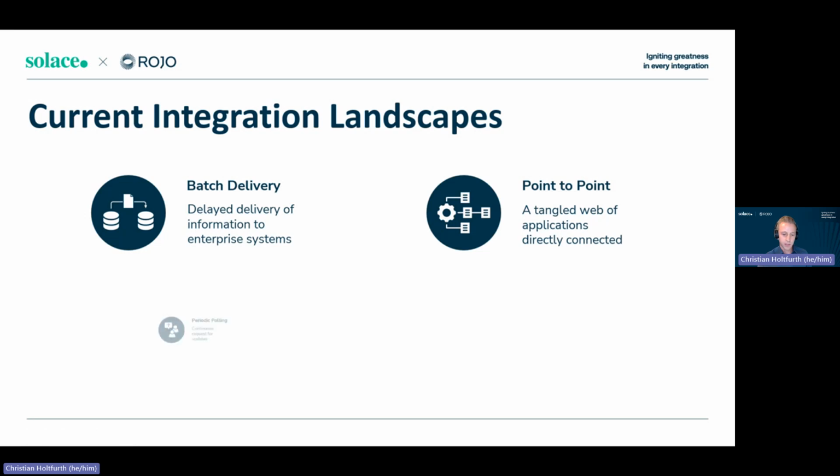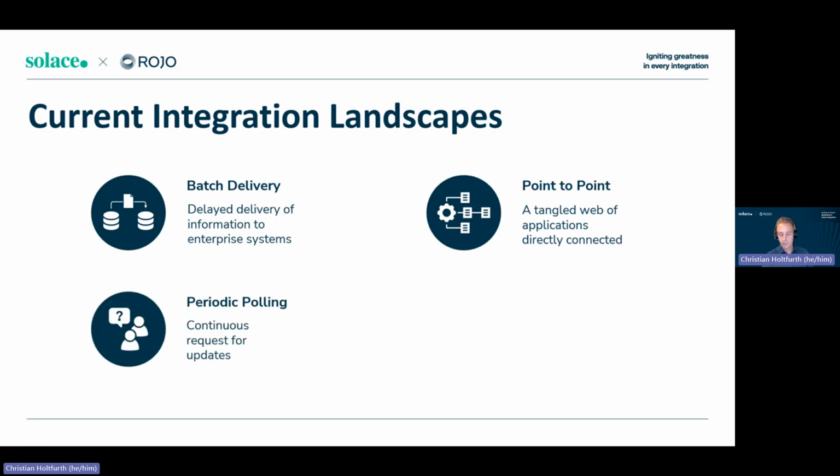So you get a tangled web of applications communicating with each other if you use this type of pattern to integrate these systems. In addition, if you're using APIs, there's often the need for the downstream system to ask for the data. And because the downstream system doesn't know when the data changes, they often resort to periodic polling. So they'll ask maybe once a day, has this master data been changed? Please give me the latest master data.